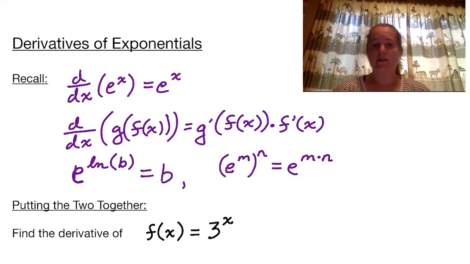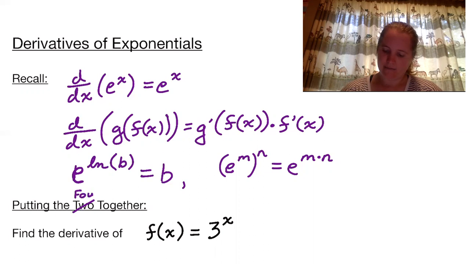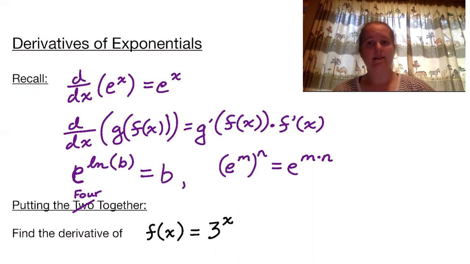So all of these pieces of information are going to be useful in figuring out the derivative of an exponential that has a base other than e. So we're actually going to put the four facts together. Let's go ahead and find the derivative of f of x equals 3 to the x.